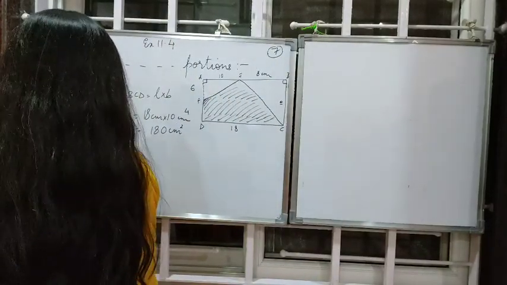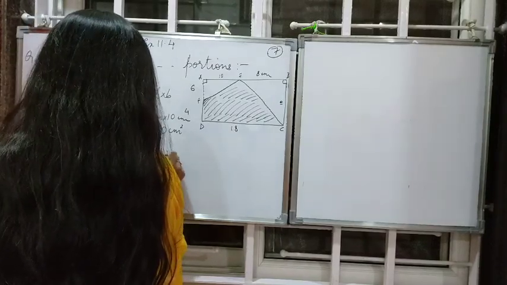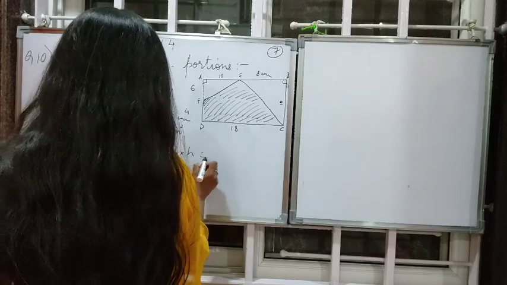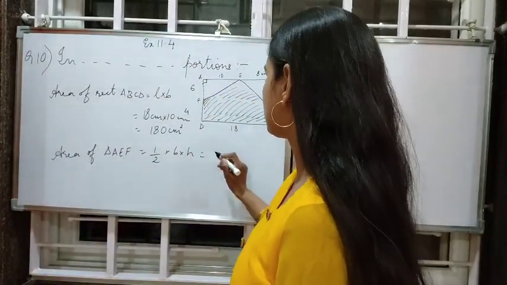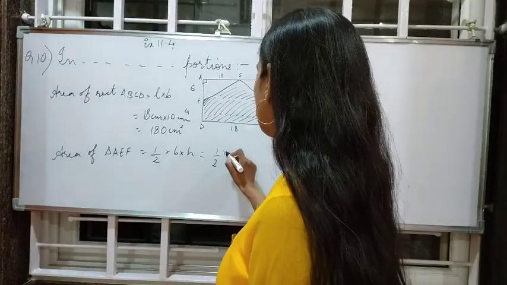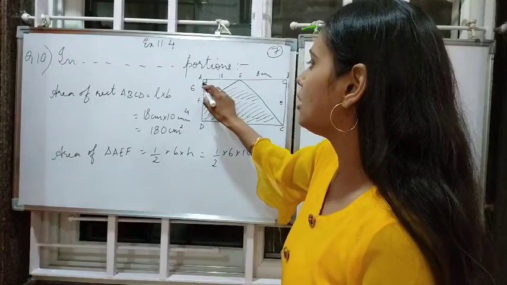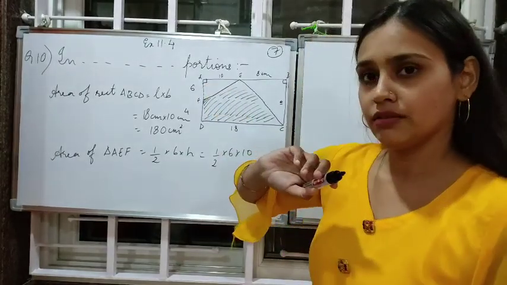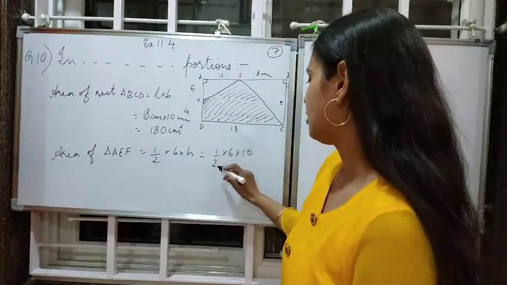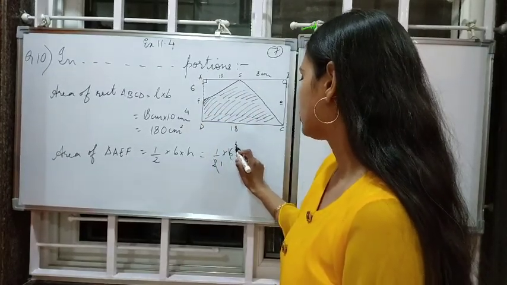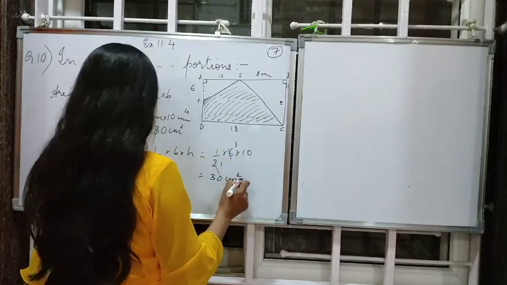So we write that area of triangle AEF, that is half base into height. So what is the base? 6 is the base. What is the height? 10 is the height. Remember, this is the perpendicular. Okay, so this is the base and this is the height. 2 ones are 2, 3s are 3, 3 tens are 30. So 30 centimeter square.